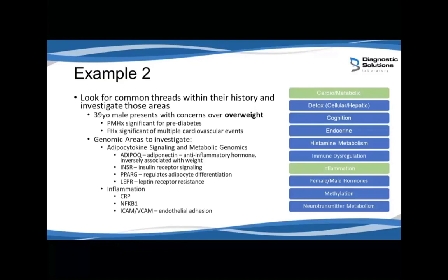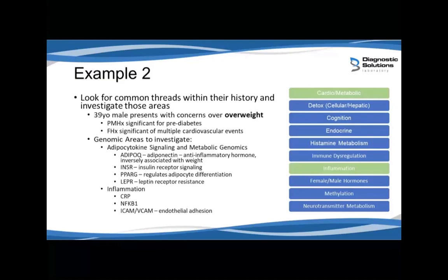PPAR gamma, or PPAR-G, regulates adipocyte differentiation in the cell. And then lastly, leptin receptor resistance, which is becoming more and more of a well-known area of controlling overweight and obesity. And then with inflammation, we can look at the genomic function of CRP and NF-kappa beta 1, which are two major players in terms of inflammation.